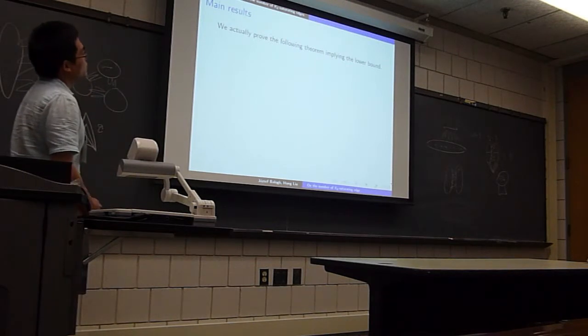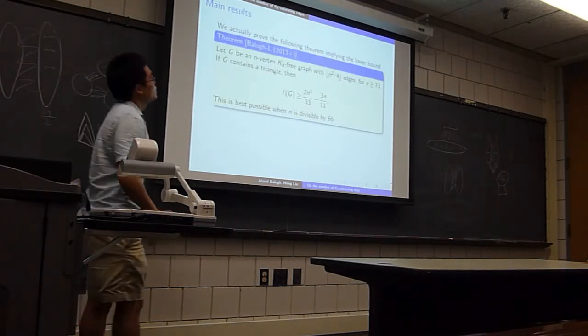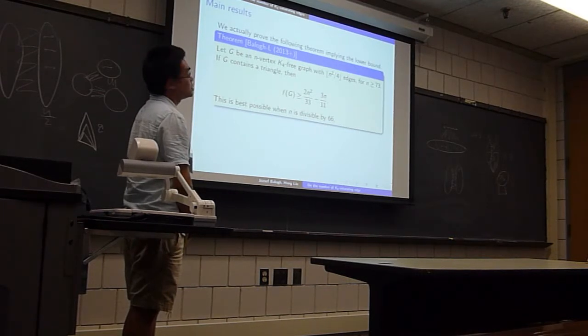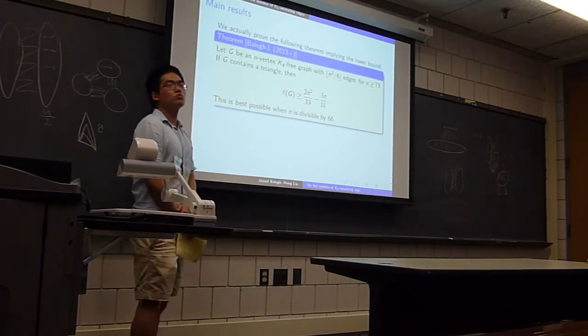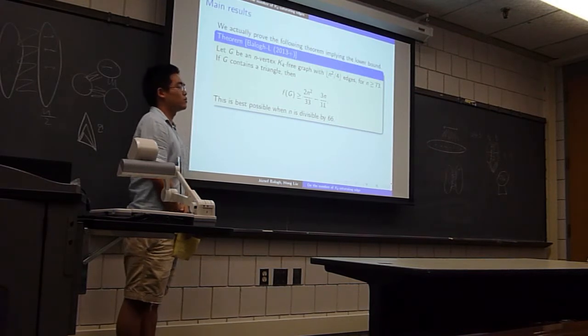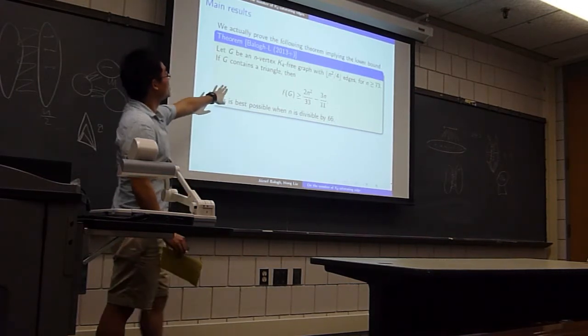We actually prove the following theorem, which implies the lower bound. If we consider an n-vertex graph which is K4-free with n squared over 4 plus 1 edges, by Mantel's theorem, this n squared over 4 plus 1 edges, we will have a triangle.